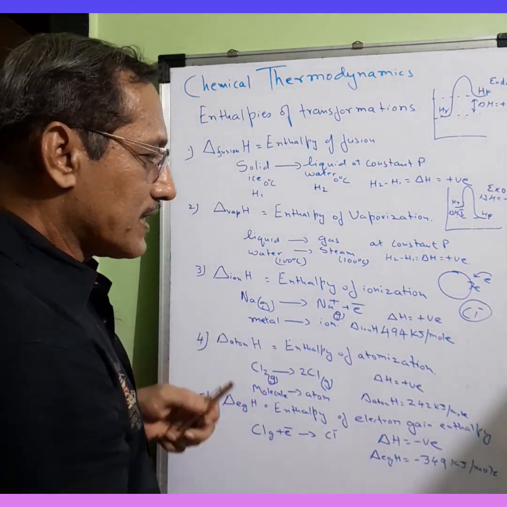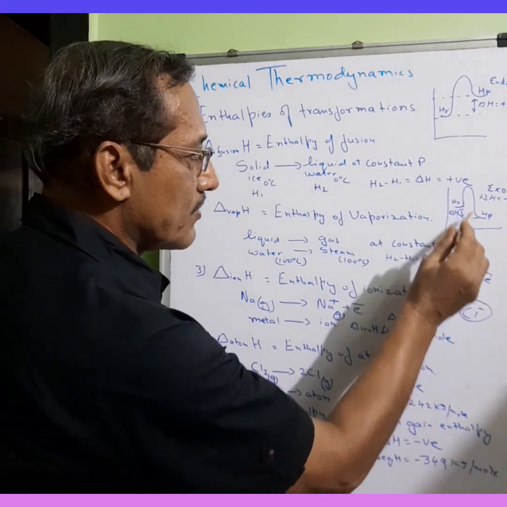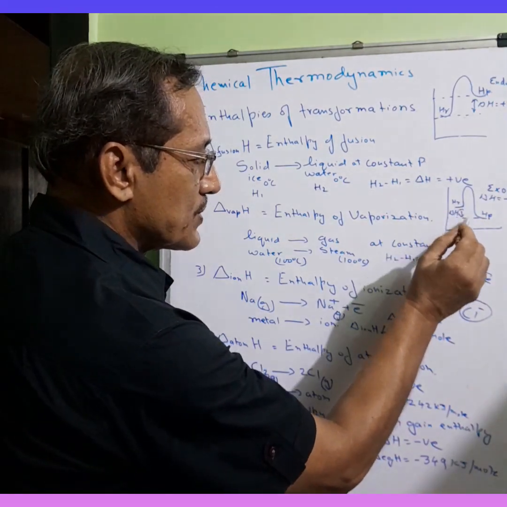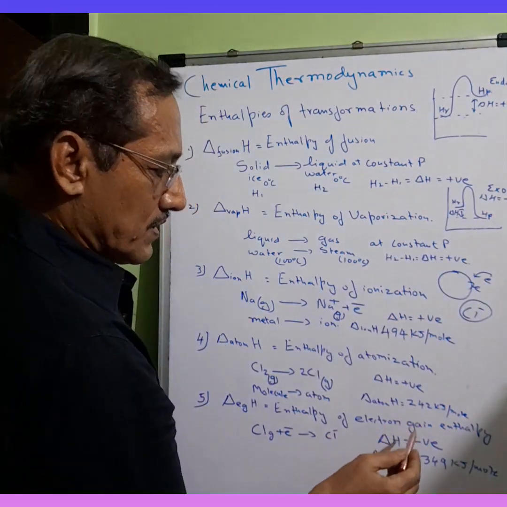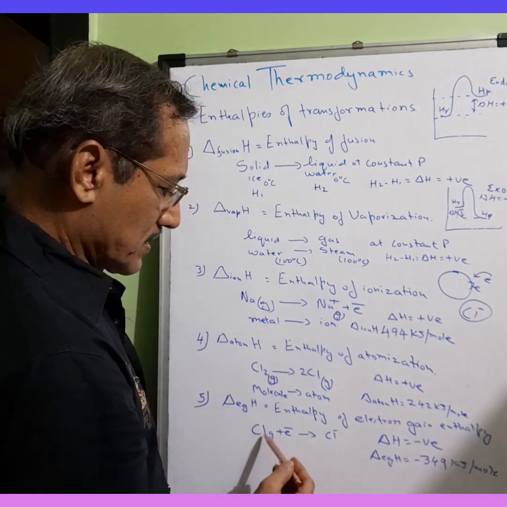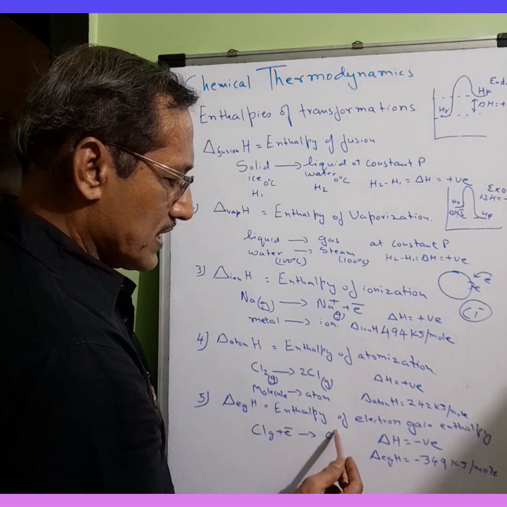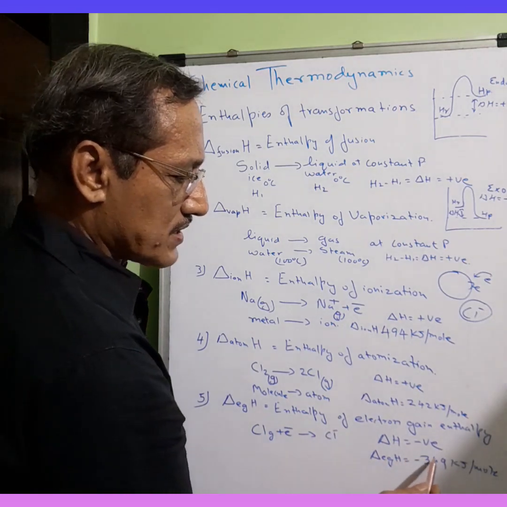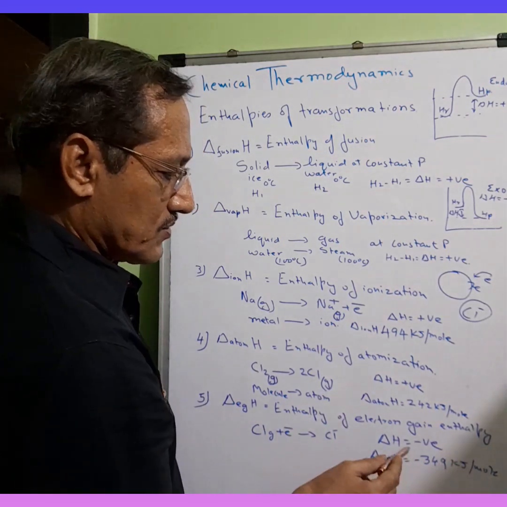Here it is shedding this much energy, so that is what is negative. Del H is negative, and the value for this Cl to Cl minus is minus 349 kilojoule per mole, so del H is negative.